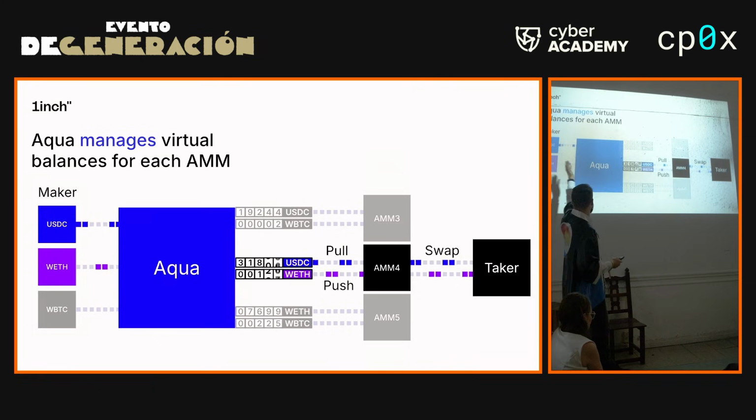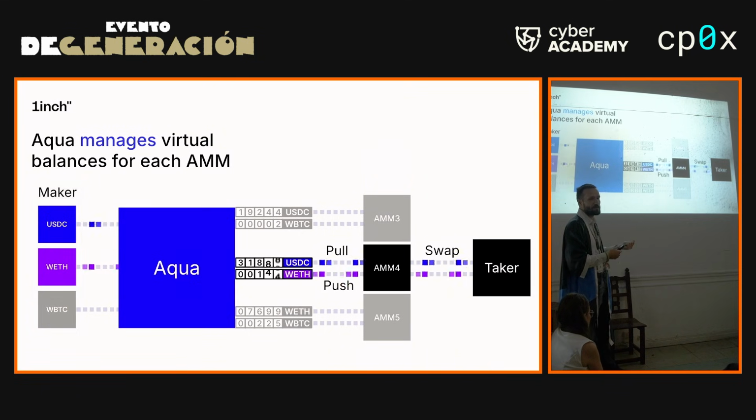access to the maker's liquidity. When it's pulling liquidity, balances are decreased. When it's pushing, balances are incremented. This means the AMM can get full access to your liquidity, and it will try to earn you something with atomic pull and push.